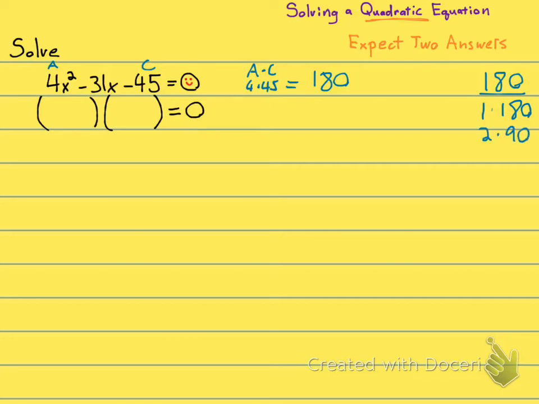And you can use your calculator for this. Just divide. 180 divided by 2 is 90. 180 divided by 3 is 60. 180 divided by 4 is 45.